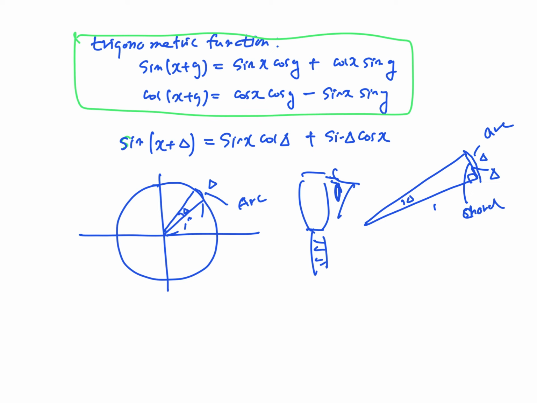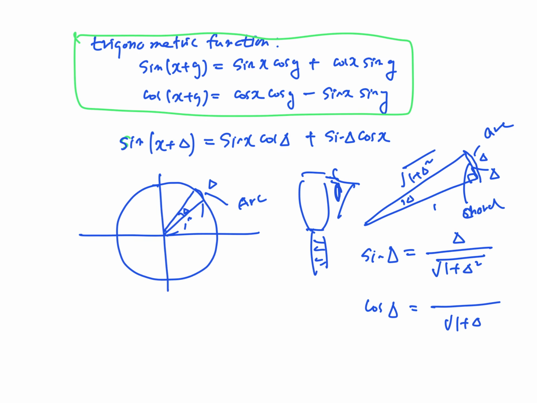Then this is the square root of 1 plus delta squared. So sine delta is approximately delta over the square root of 1 plus delta squared, and cosine delta is approximately 1 over the square root of 1 plus delta squared, for delta small.